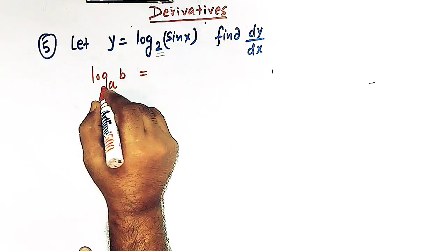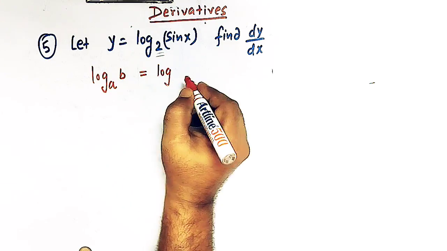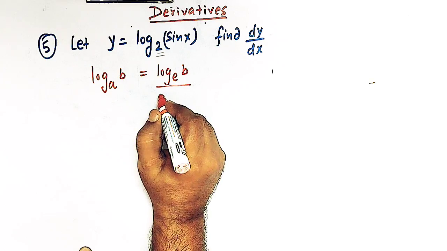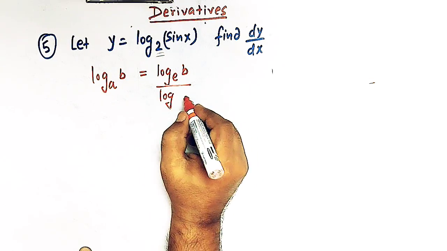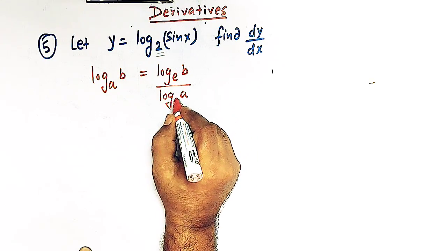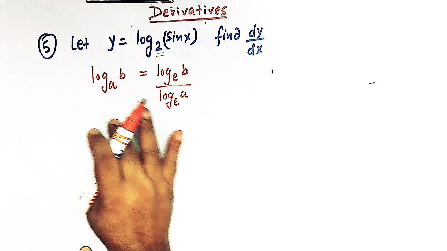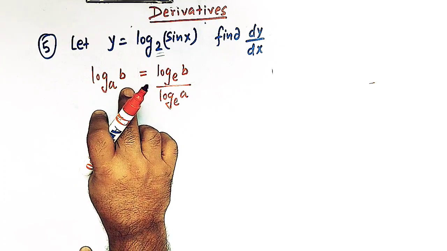So we can now write here a log of b to the base e, and here we can now write log of a to the base e, where e is the exponential number, right? So this formula is known as a base changing formula.